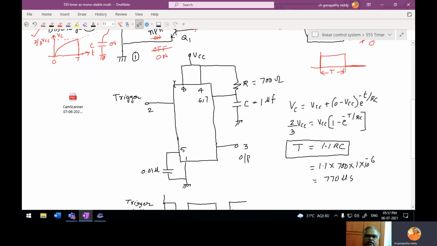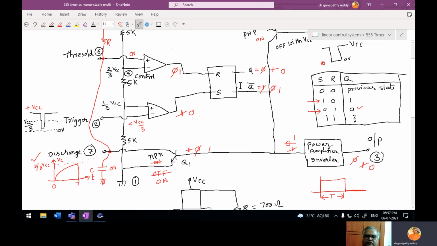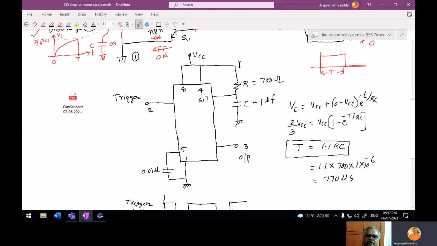Internally, this circuit is given in the IC, and we only make these external connections. Now this capacitor is charging. What is the shortcut method in transients? You might have studied it: final plus initial minus final, e power minus t by tau, where tau is RC.